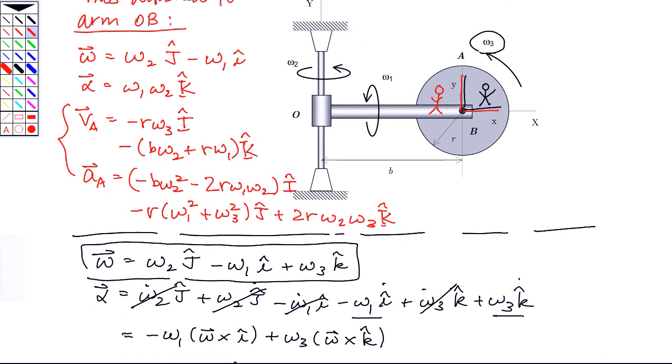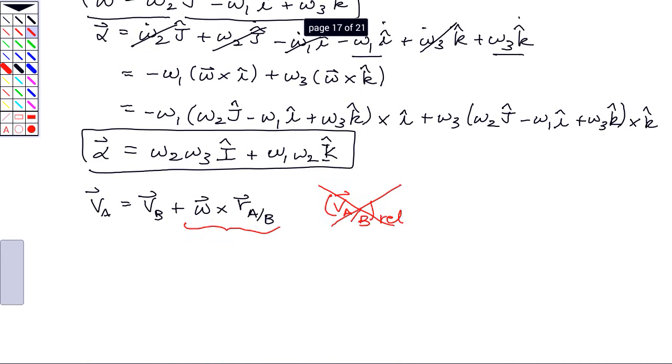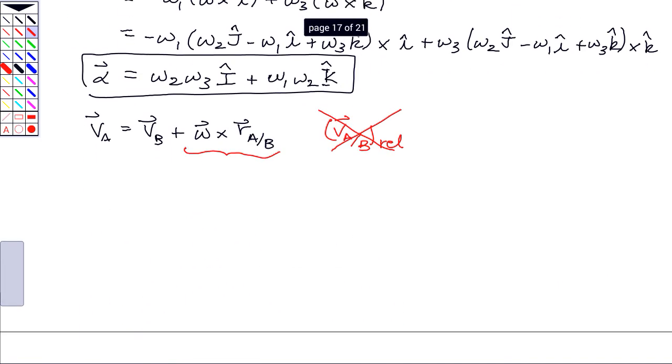In this case, the axes, the black axes, are at point B, but they're rotating with the disk. And so now A and B are on the same rigid body. And so all of those velocity of A relative to B rel type terms, those are going to kind of go away, and we can capture all of that relative motion just with that omega cross RAB term. All right, so that's why we've got that.